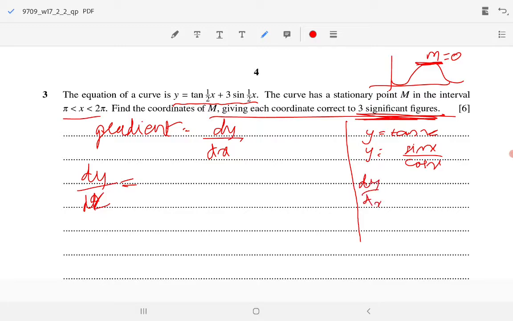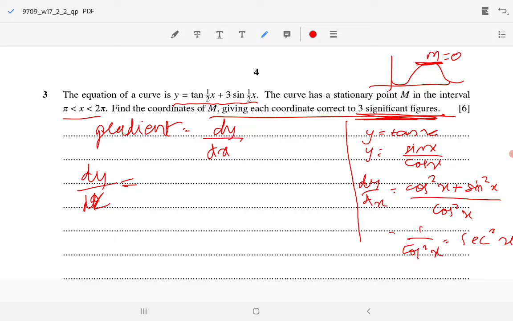Dy by dx will give you cos square x, using the quotient rule, minus minus sin square x, upon cos square x, which is 1 upon cos square x, which is sec square x.